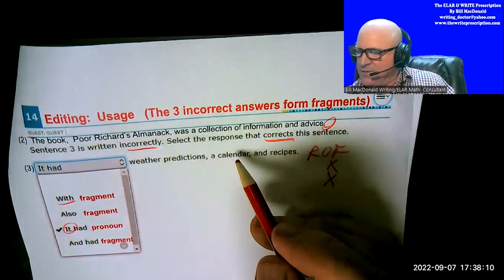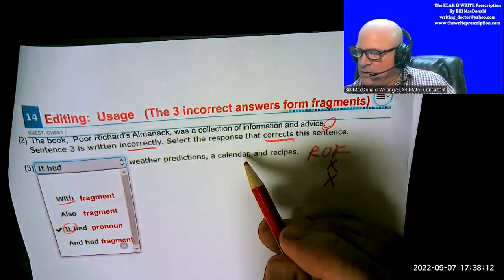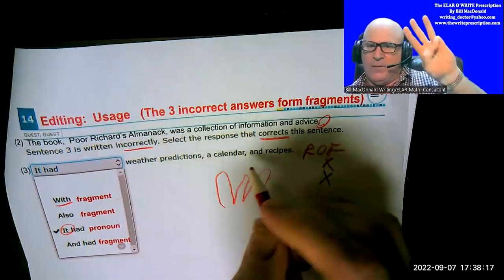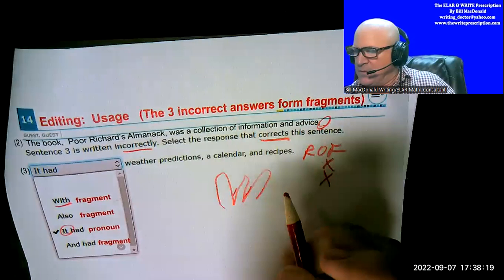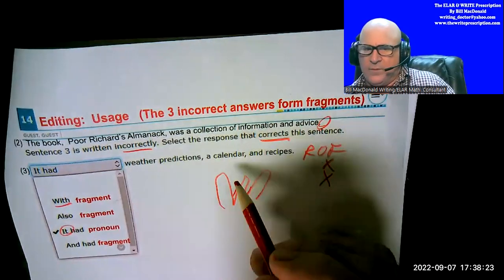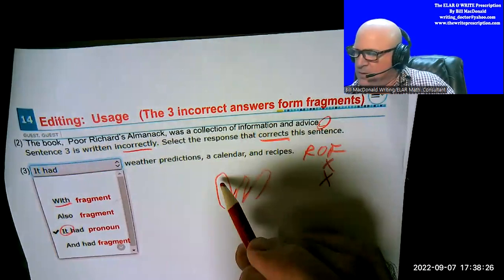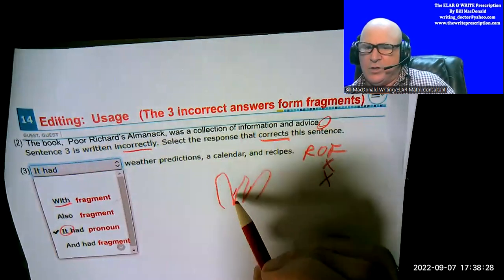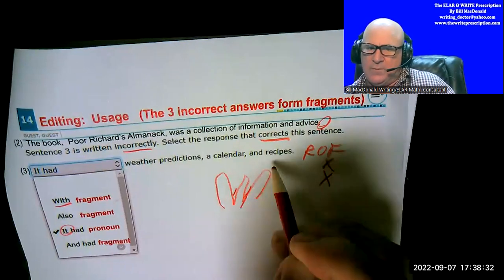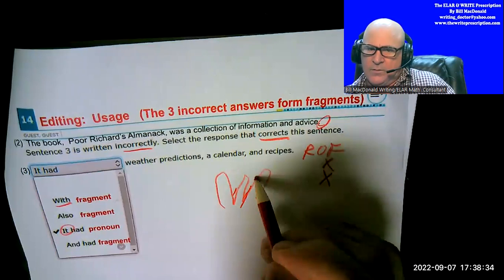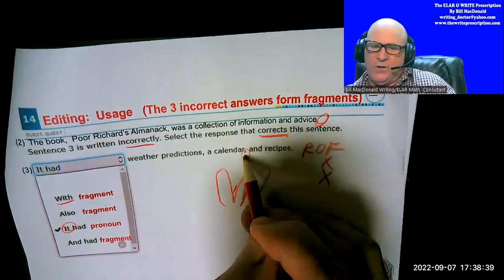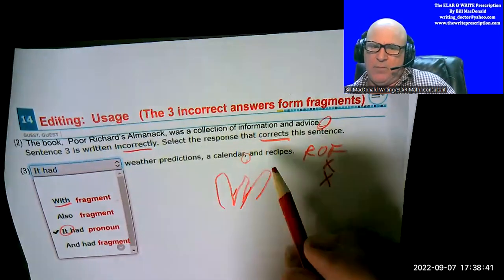And so because we have 3 things in the series, what sometimes is a good thing to do is hold up 3 fingers, like I'm doing right there, and say predictions, comma, calendar, comma, and recipes. They'll never test this comma right here, but it's going to be up to you whether you teach the kids to put a comma there or not.